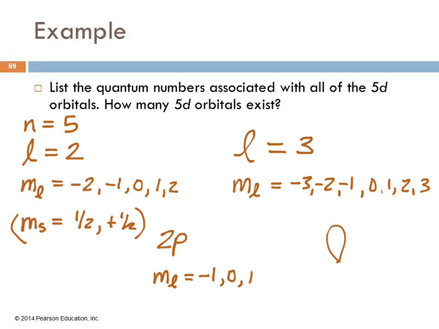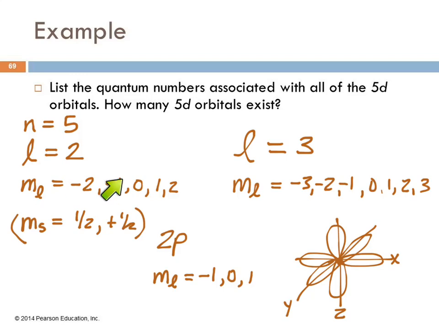And so you'll have one orbital that's vertical, and one that's horizontal, and then one that's, so if you have Z and X and Y, 3-dimensional space. They're perpendicular to each other in 3-dimensional space. And that's what the M sub L does. It talks about the orientation of them in space.